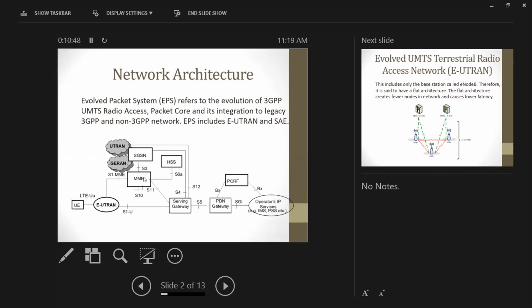Like there will be some connection between the SGSN and MME, so there can be communication and they make some decisions. There are some optional connections also which are not shown here. The overall figure with all optional connections that I showed in my book, I'll show in the next class.